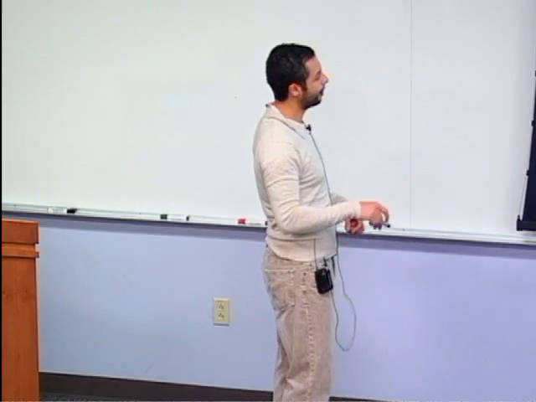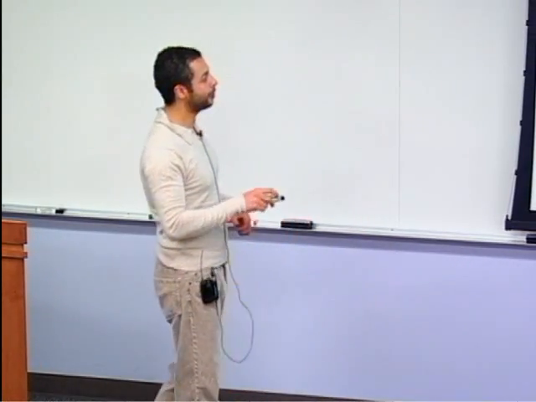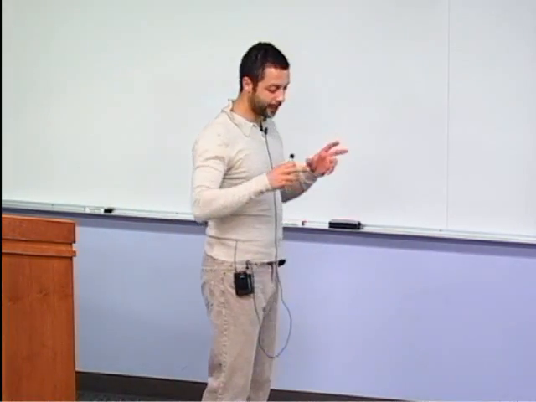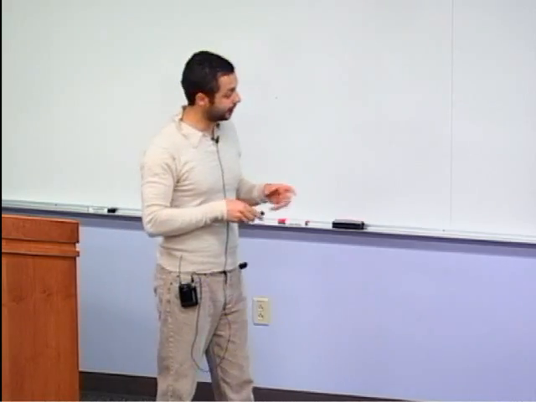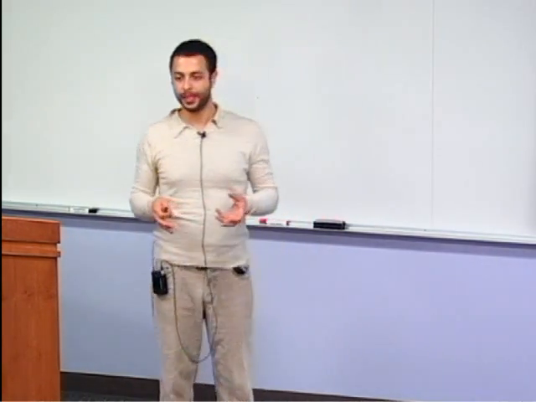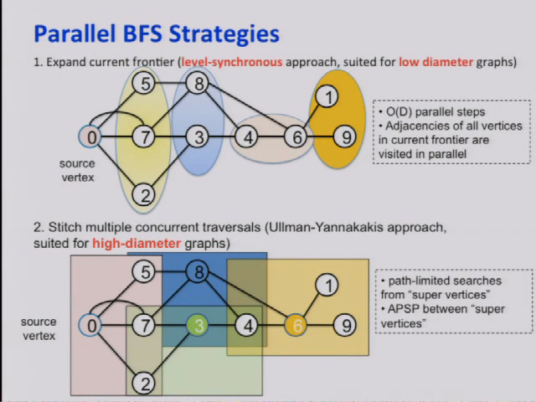So you will do an approach that's due to Ullman and Yannakakis that chooses a set of different starting vertices and runs path-limited searches. What that means is it runs a breadth first search independently and tries to reach a square root of n neighborhood first, and then collapses them as super vertices and runs an all-pairs shortest paths between those super vertices.